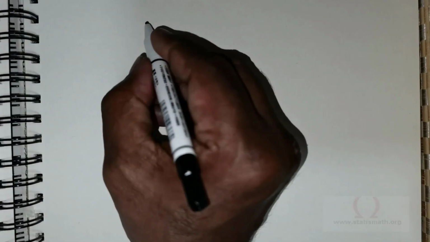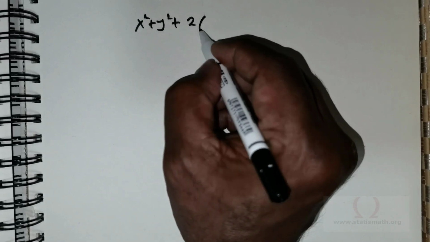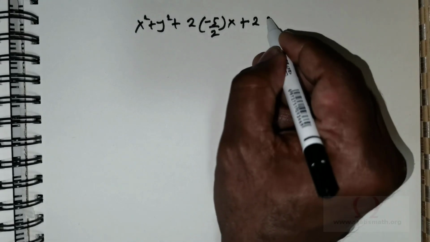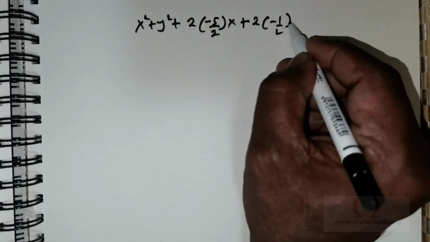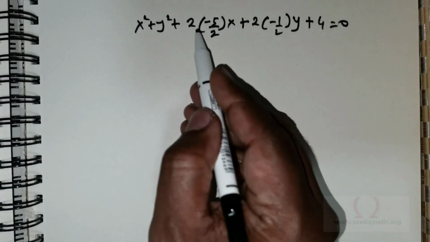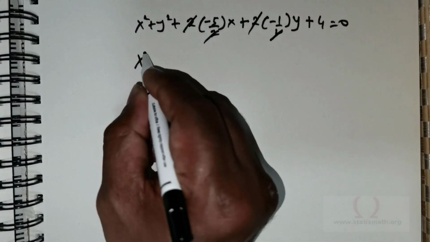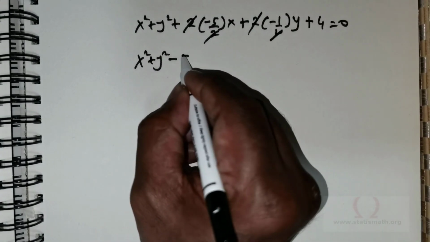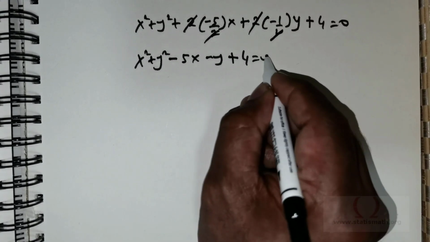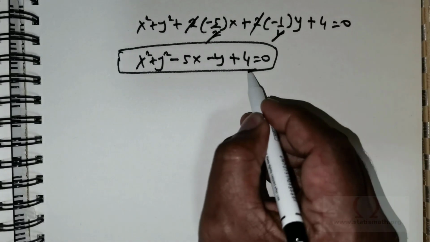We would be getting x squared plus y squared plus 2 times my g, negative 5 over 2, times x, plus 2 times my f, negative 1 over 2, times y, plus my c, 4, is equal to 0. 2's can be cancelled here, giving me x squared plus y squared negative 5x negative y plus 4 is equal to 0. So this is the required equation of the circle.